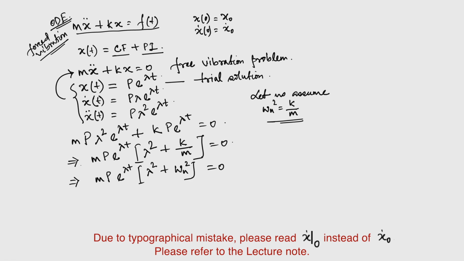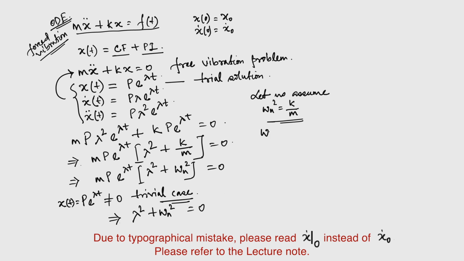Obviously, in this case p e to the power lambda t, that is the trial solution, is not equal to 0, so we are only left with the condition that lambda square plus omega n square is equal to 0.